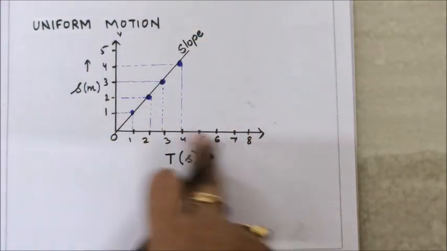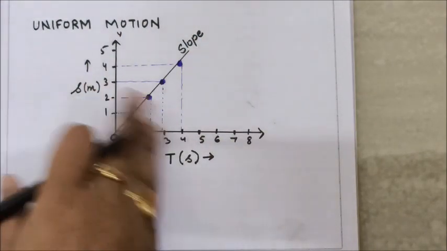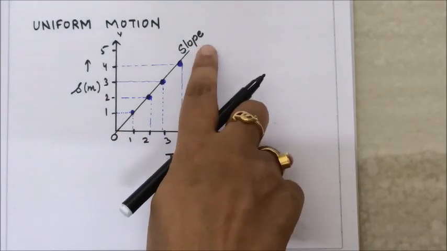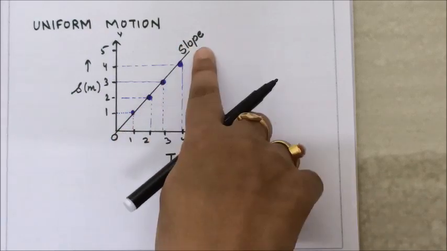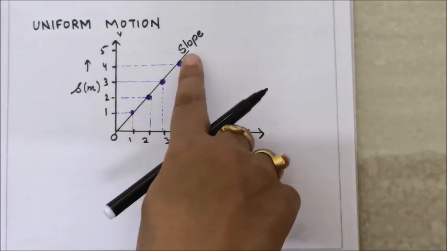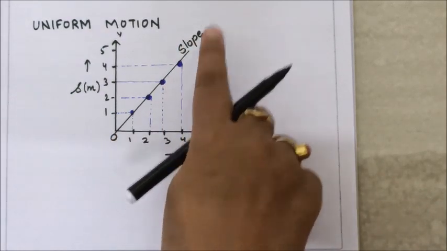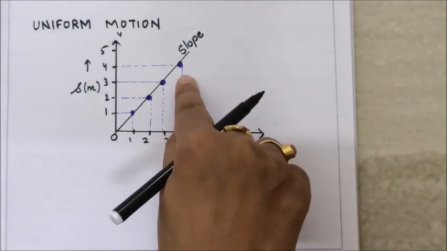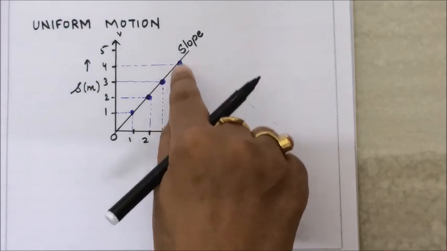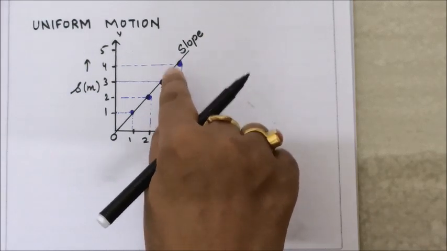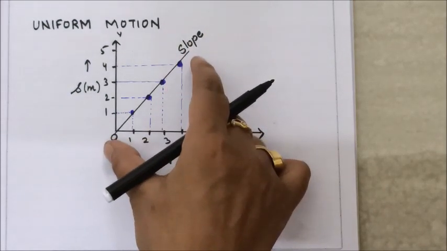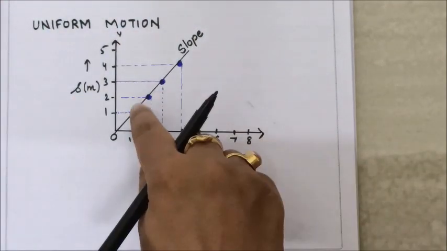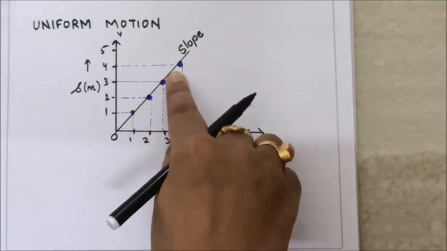Whatever we plot in a graph is a slope, okay, against the values of the y-axis and the x-axis. Now the slope over here, since we have got a straight line, we are going to calculate the value of this line. When I say the value of this line, that doesn't mean the actual measurement of this line. We are not going to use the Pythagoras theorem at all to determine the length of this slope.